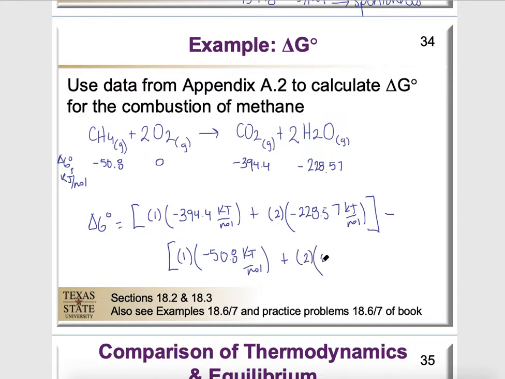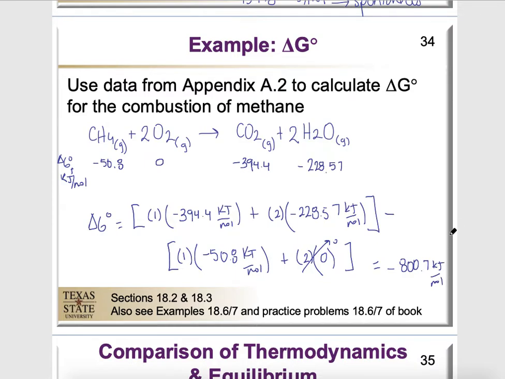For that oxygen, the Gibbs free energy change was equal to 0, so this didn't really matter because that term goes to 0. Once you plug this into the calculator, you should get negative 800.7 kilojoules per mole.